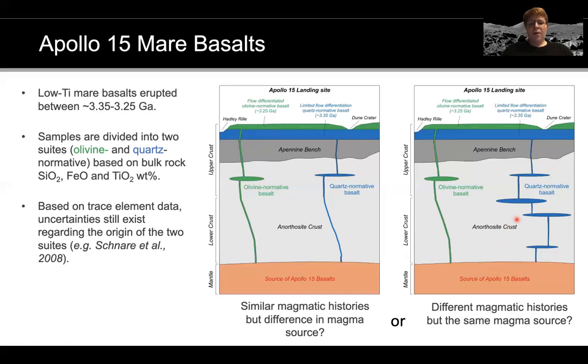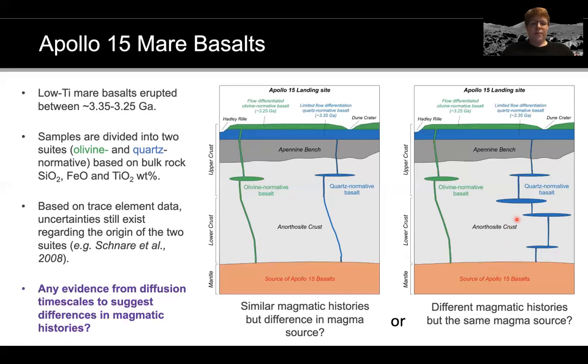So where the diffusion work comes in is that we're trying to see if we can get any evidence from diffusion timescales to suggest that olivine crystals in the quartz normative basalts might have experienced a residence within the crust, within some of these potential lunar magma chambers prior to their eruption, that might give out longer diffusion timescales compared to the olivine normative basalts.